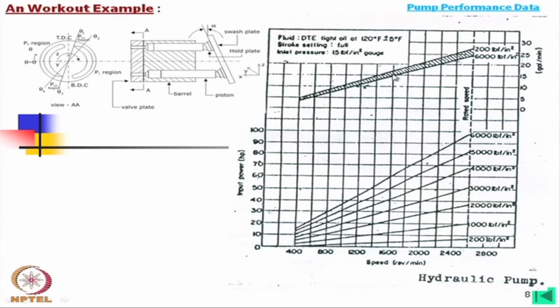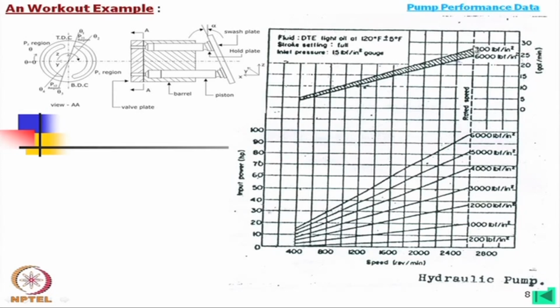This chart is available from the manufacturer, and while we select components we have to look into this. Here the flow output is given against the RPM of the pump input and against the pressure. If the maximum pressure is 6000 pounds per square inch, we have to follow this line.